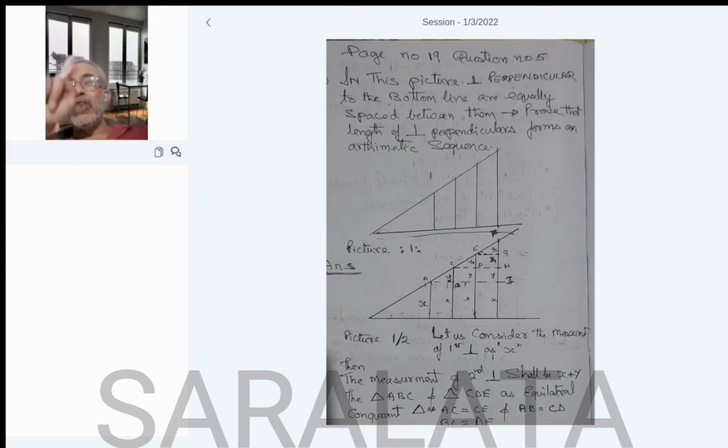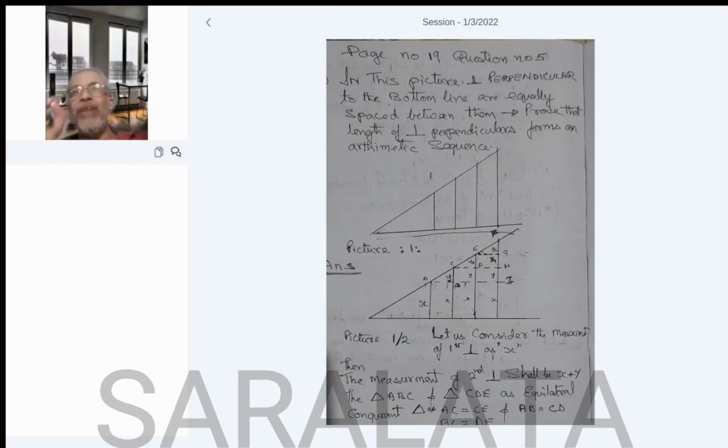So the difference between the first perpendicular line and the second perpendicular line is y. In my third perpendicular line, I'll have one y and one more y. That means I'll have two y over there, so my measurement of the third perpendicular line becomes x plus 2y, right?